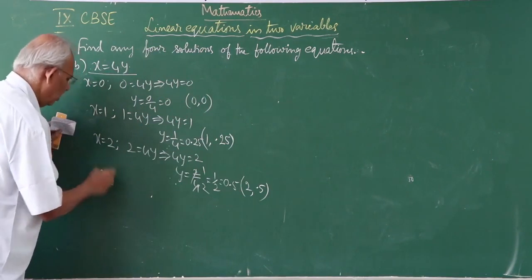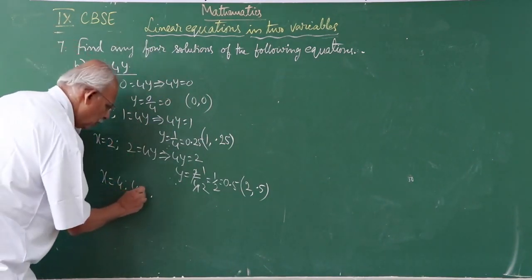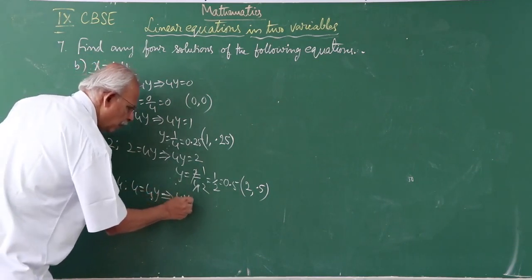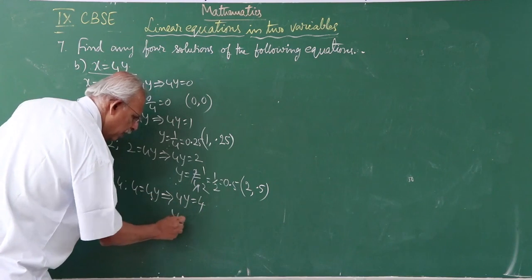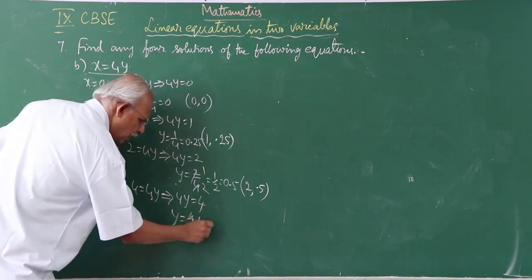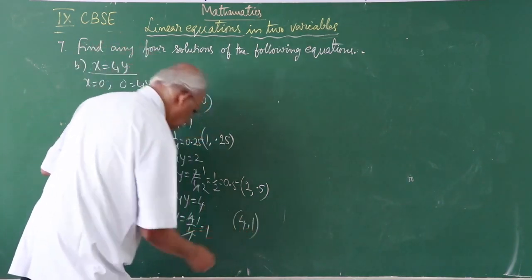Next, you put x equals 4. So, 4 equals 4y. It implies 4y equals 4 and y equals 4 by 4, which is 1. So, when x is equal to 4, y is equal to 1.